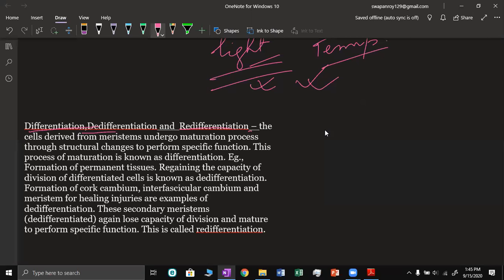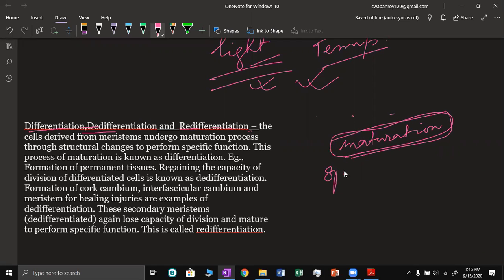Differentiation: initially I have told that during the process of growth there is the meristematic phase, then the elongation phase, and then the maturation phase. After the new cells are formed, these new cells differentiate, that is, they get specialized.